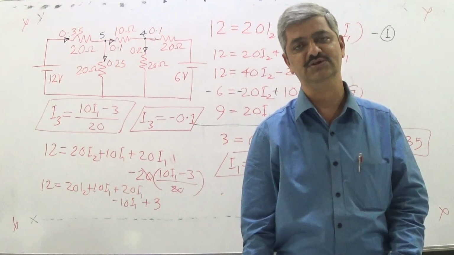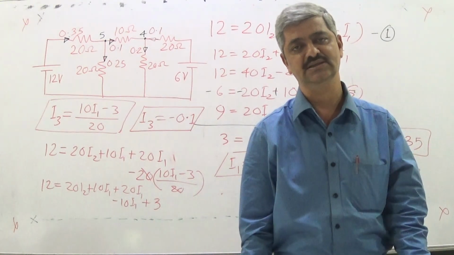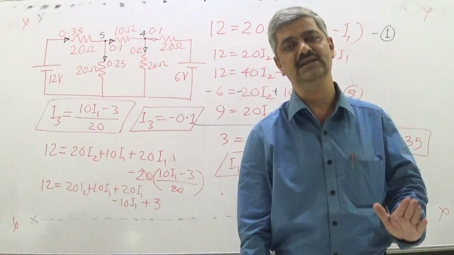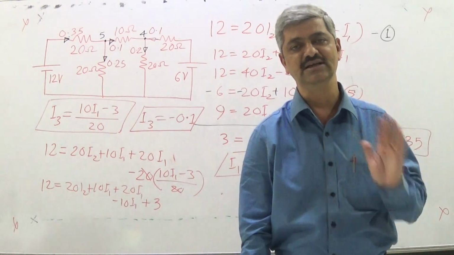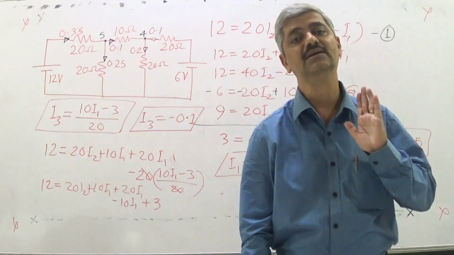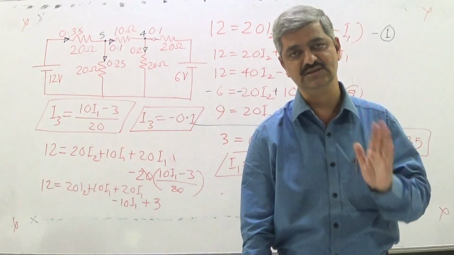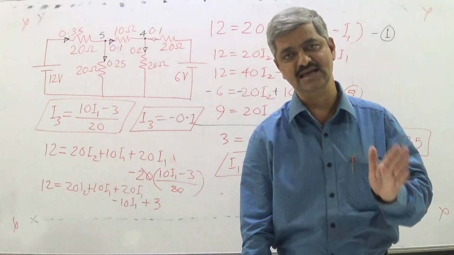number of voltage sources and any number of resistances by constructing as many equations as required and solving them simultaneously by using KVL. Construct equations, as many equations as required.